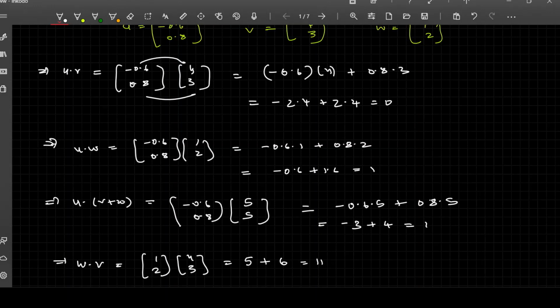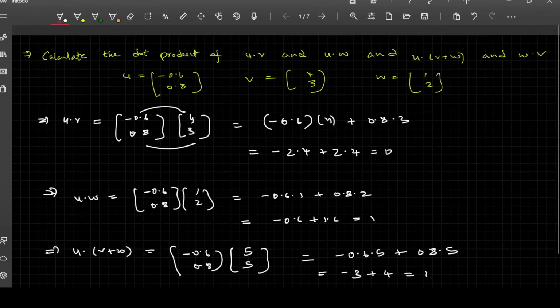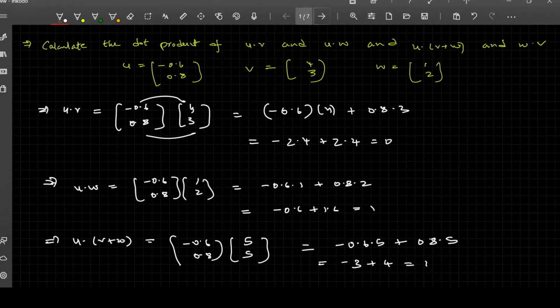So 4 into 1, okay, fine, this is a mistake from my side. 4 into 1 is 4, not 5. So 4 plus 6 is equal to 10. I am pretty sure people would have laughed at me if I had just left this here.